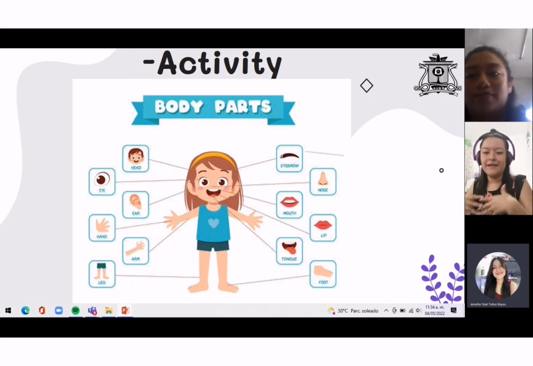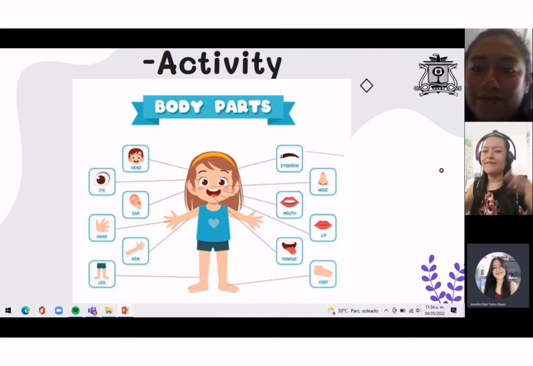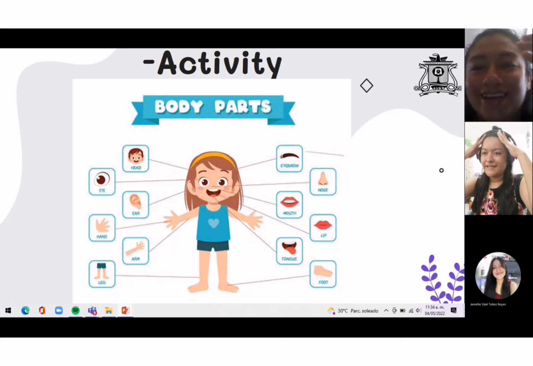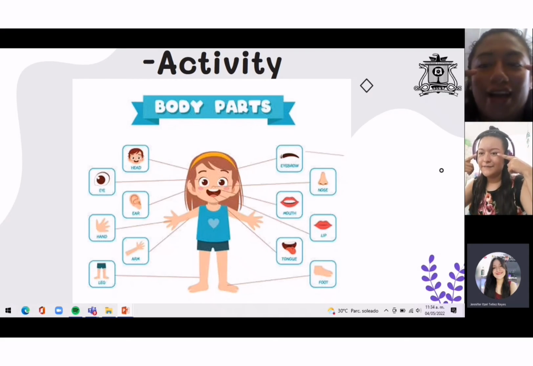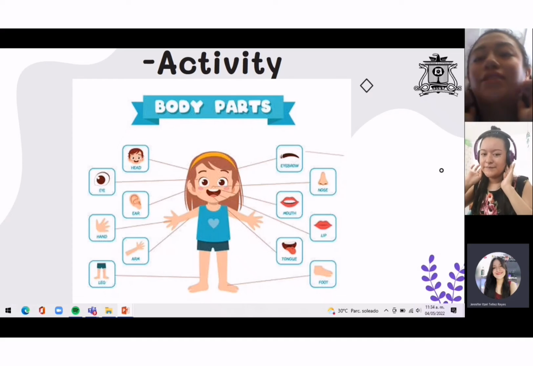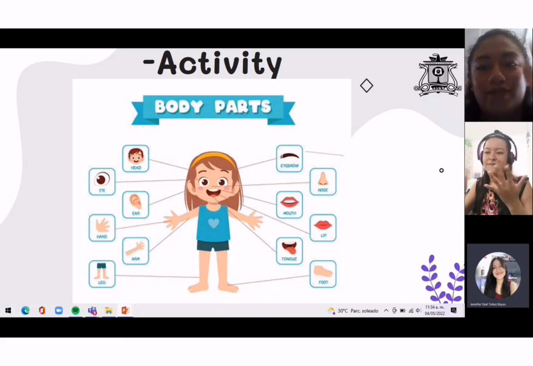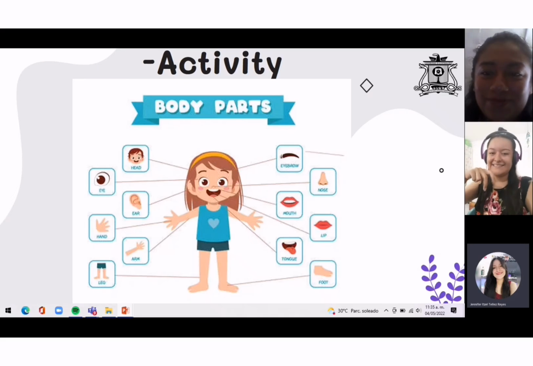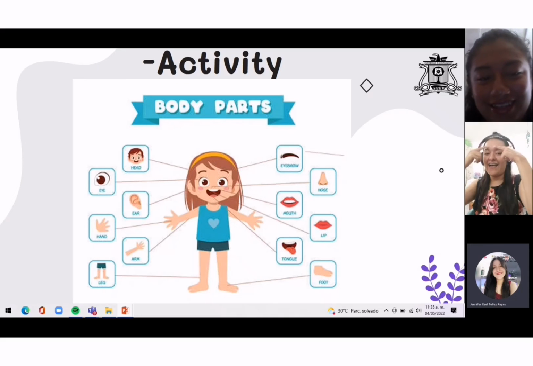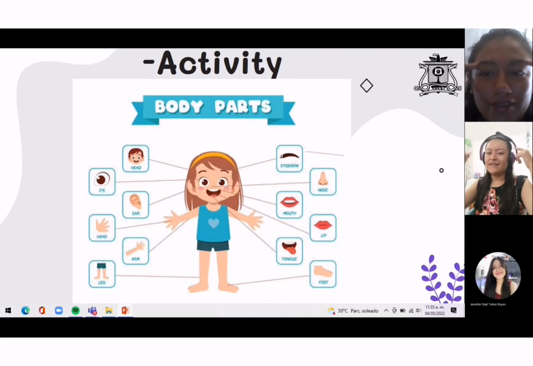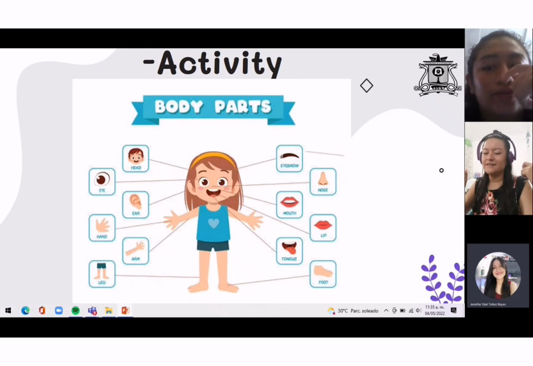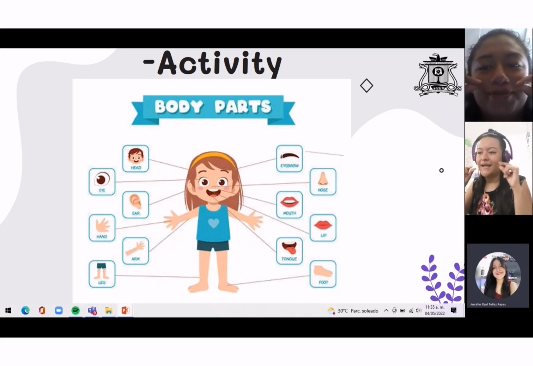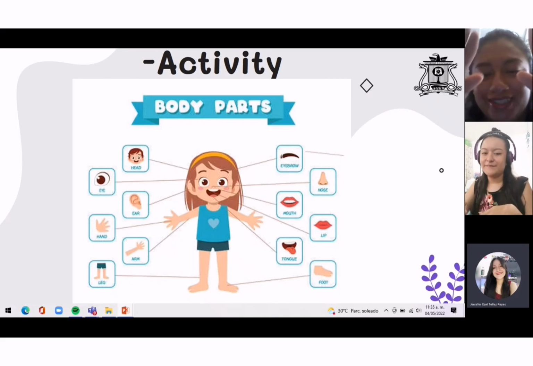And now please repeat after me. Let's start. The head, the eyes, the ears, the hands, the arms, the legs, the eyebrows, the nose, the mouth, the lips, the tongue, and the foot.